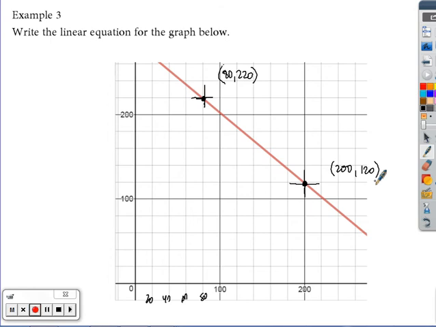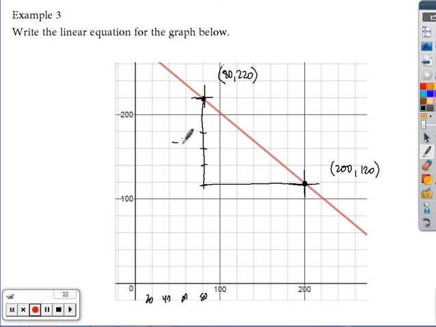I'm going to draw my slope triangle. Now here's where some of us got stuck on the last test, because we just counted blocks instead of counting by the actual units themselves. So if it's going by 20, it's going to go 20, 40, 60, 80, 100.